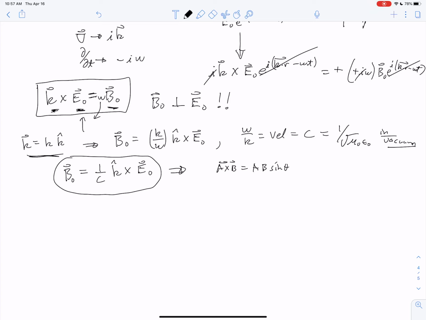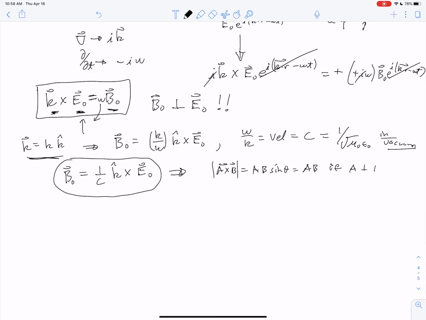But if the quantities are perpendicular, then sine theta is 1 for 90 degrees, and the magnitude of A cross B is just A times B for any two vectors A perpendicular to B. So here we can take the magnitude of both sides, and that leads us to this very nice relationship: B naught, the magnitude of the amplitude of the B field wave, is equal to 1 over c, and since this is a unit vector, its magnitude is just 1, times E naught. So we get this very simple relationship, and this came from Faraday's law.